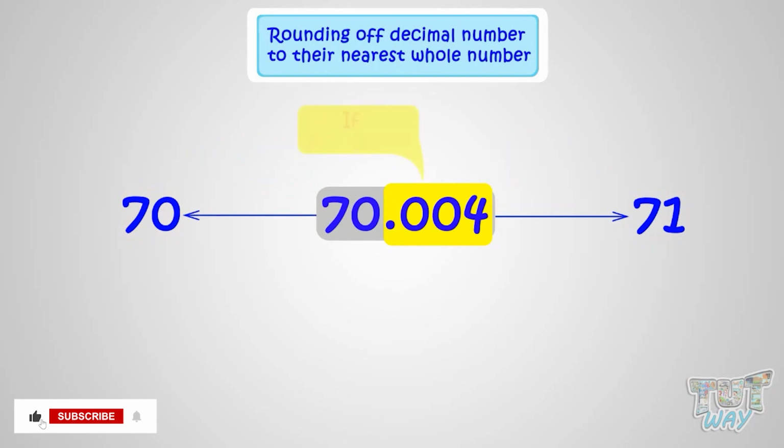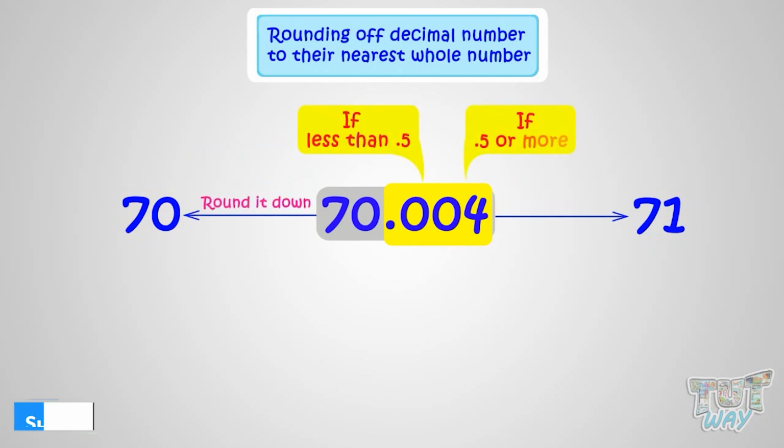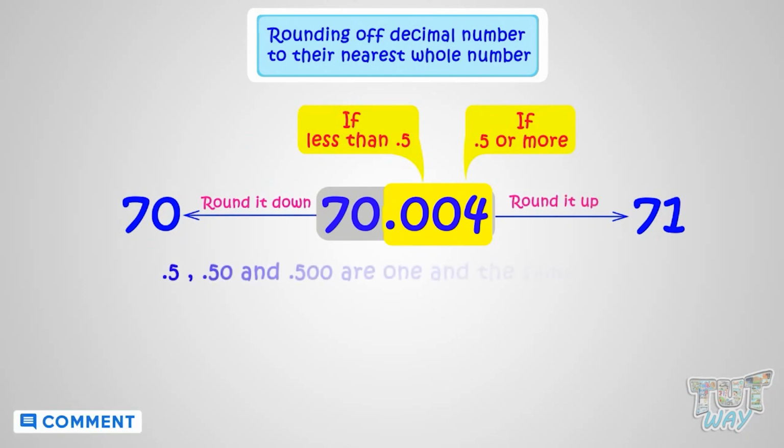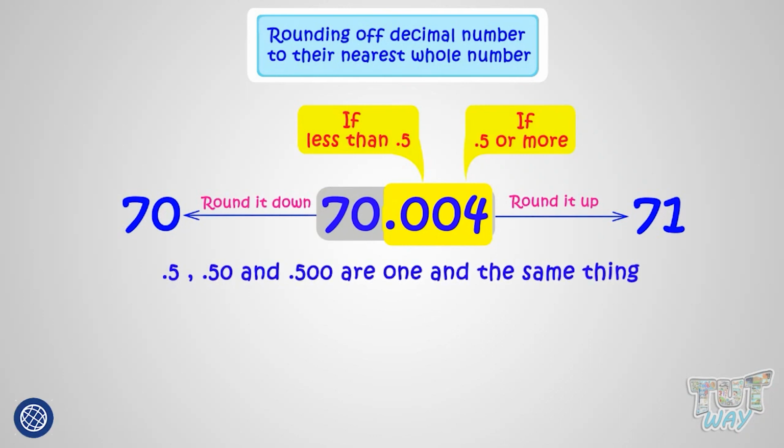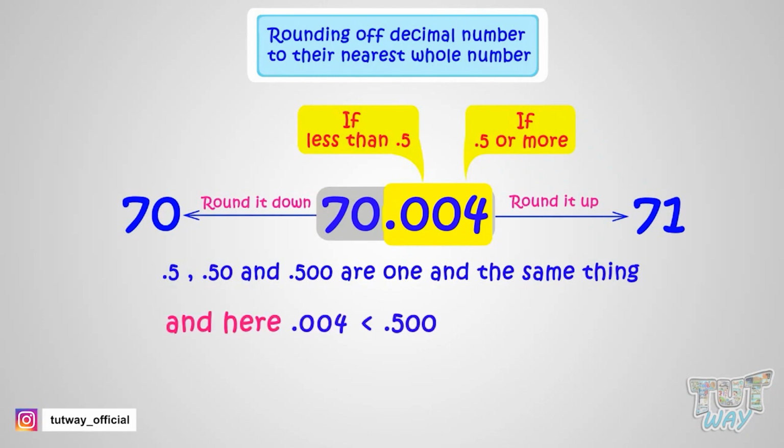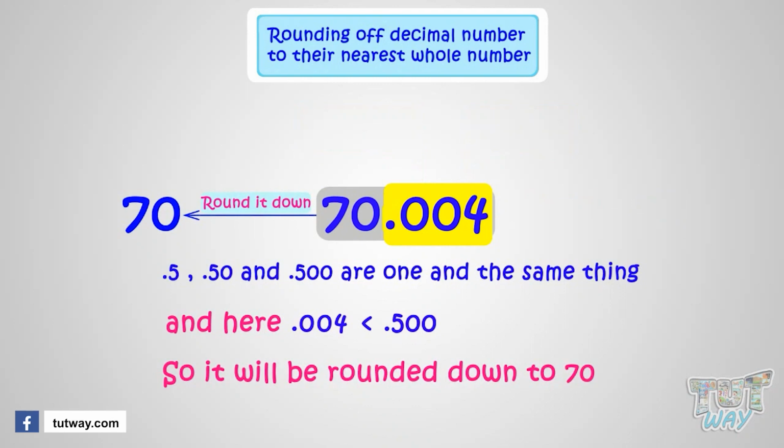And if it's less than 0.5, it will be rounded down, else rounded up. Kids, 0.5, 0.50, and 0.500 are one and the same thing. Now we can clearly see that 0.004 is less than 0.500, so the number will be rounded down to 70.